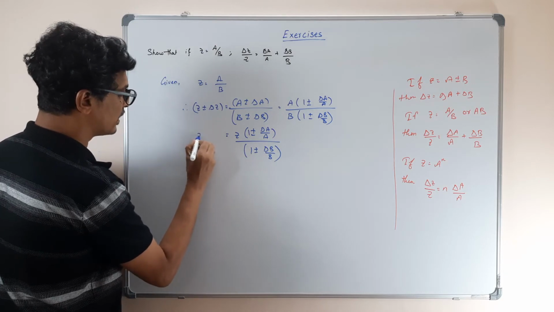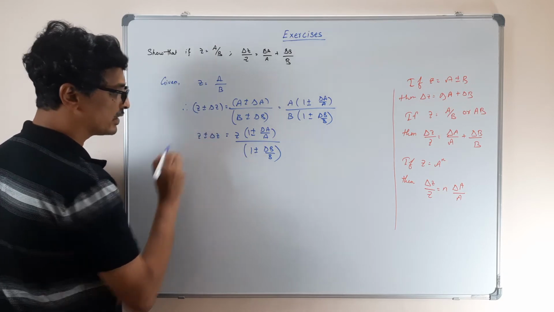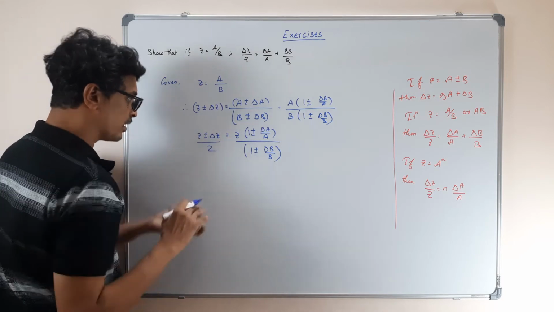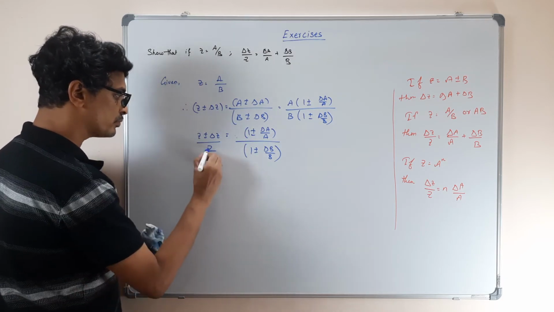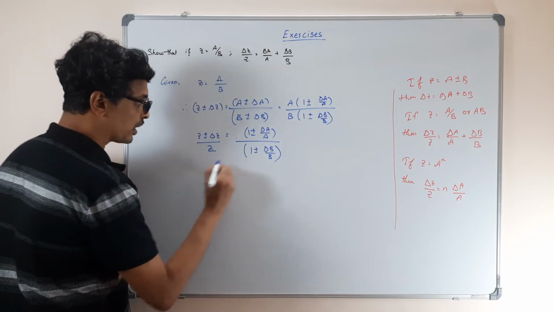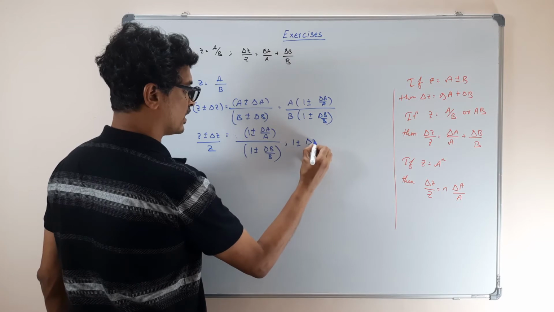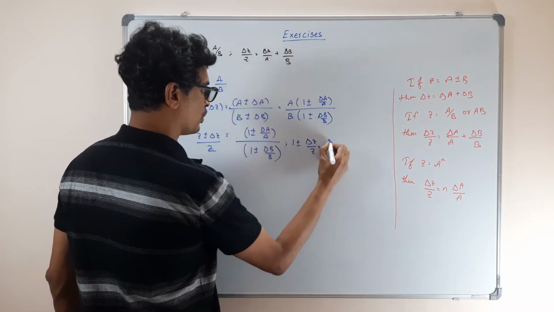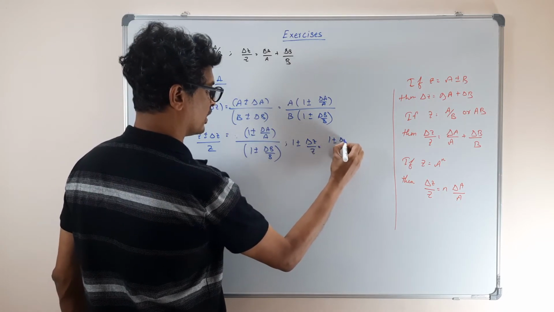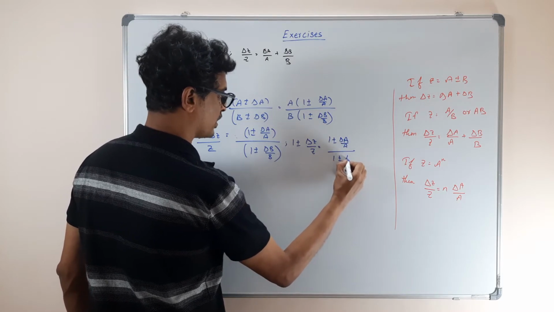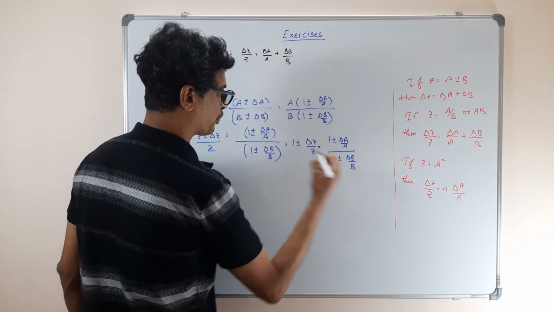So this is Z plus minus delta Z, correct? So when I take the Z this side, this will become Z here. Am I right? 1 plus delta Z by Z. So therefore, this becomes 1 plus minus delta Z by Z equal to 1 plus minus delta A by A divided by 1 plus minus delta B by B.